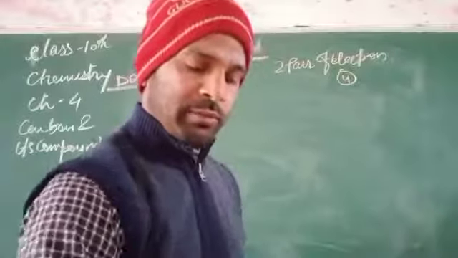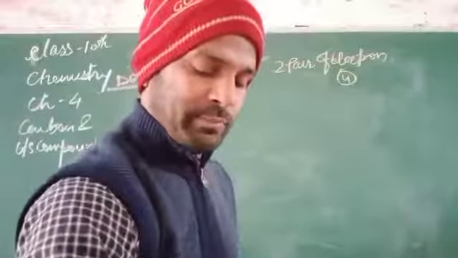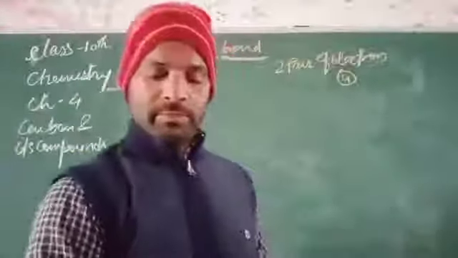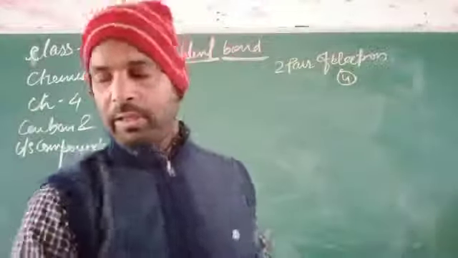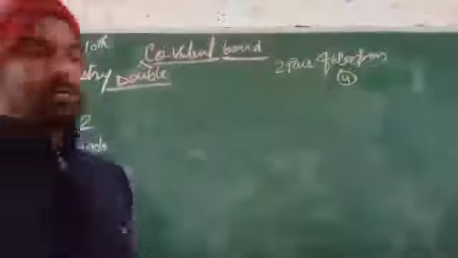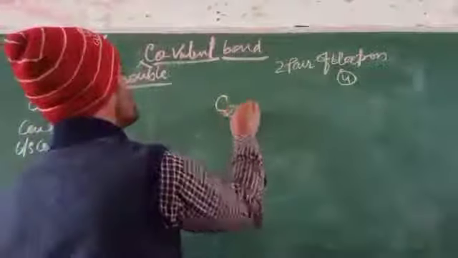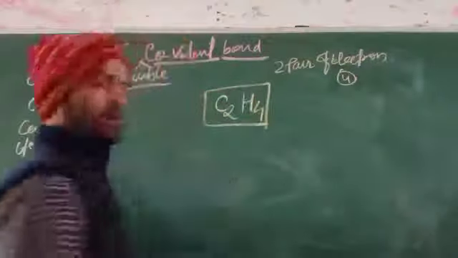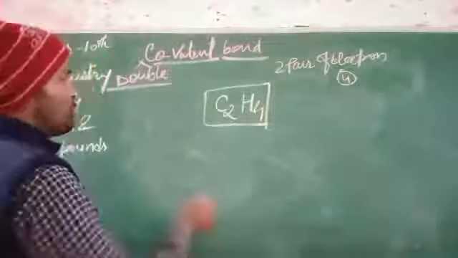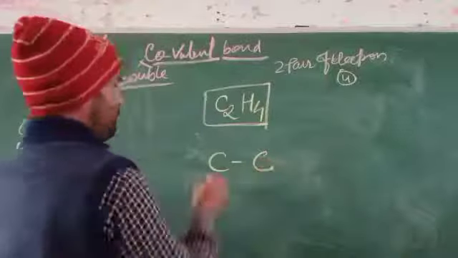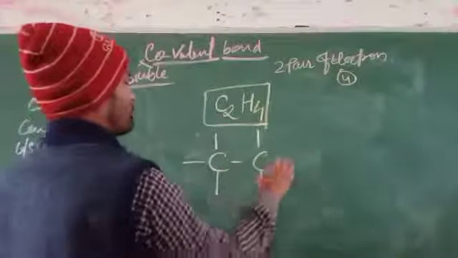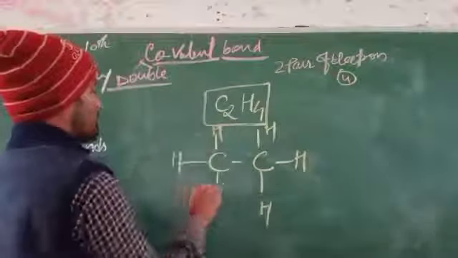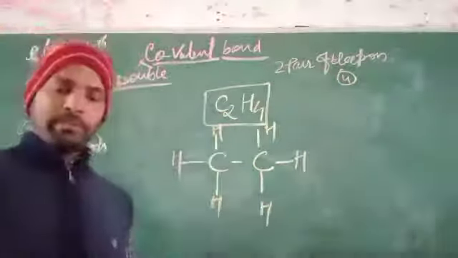So which compounds have a double bond? First of all, we can see the first one, that is C2H4, carbon having 2 and hydrogen having 4 in numbers. So this one is ethene.